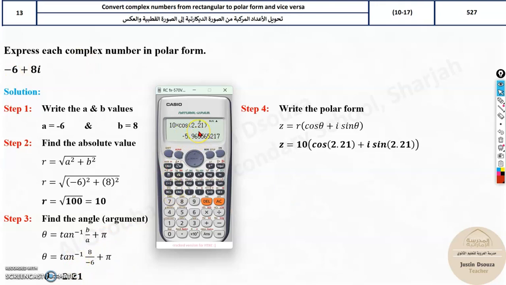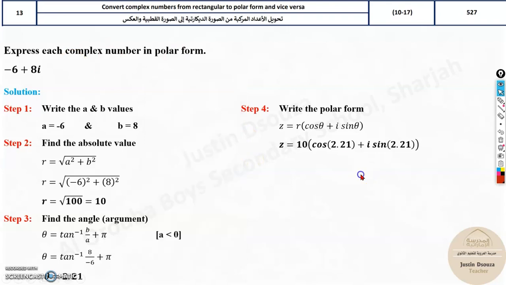If you take more values, it'll be -5.999, which is almost equivalent to 6. And even over here, because we are rounding off, it may not be accurate. So it's 8.0, it should be 8.000 something. If you take more decimal values, you'll get 8.000 and then some values. But if you take the exact value, then you will get the exact answer.